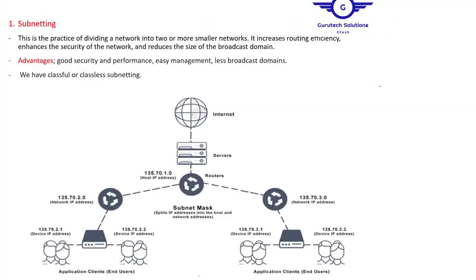So the first point, we have to understand what you mean by subnetting. For example, in the tasks that we've been doing, I normally tell you to use 192.168.1.0. So you've been given that IP address and you need to subnet. What is the meaning of subnetting?